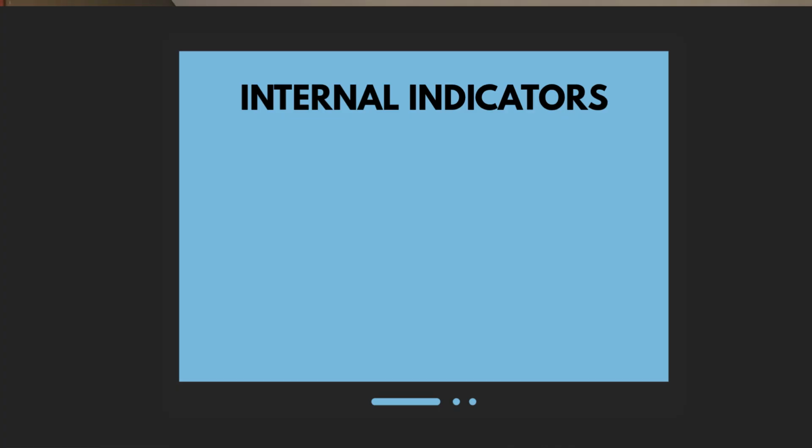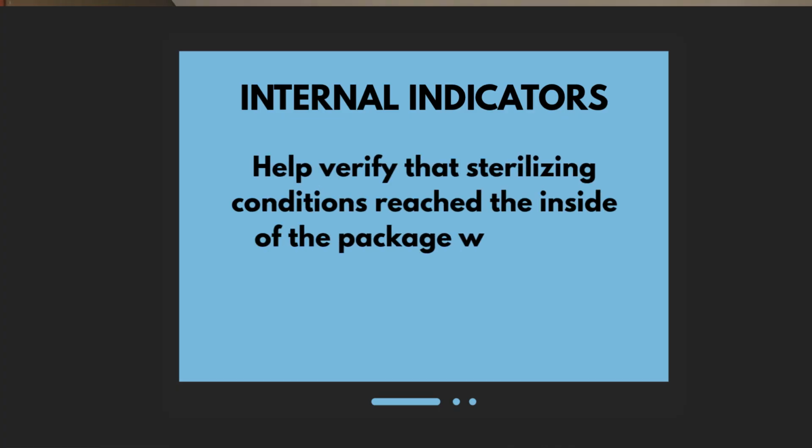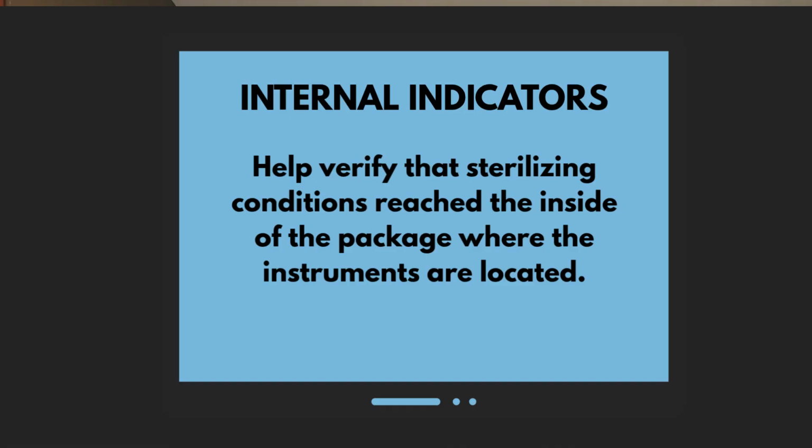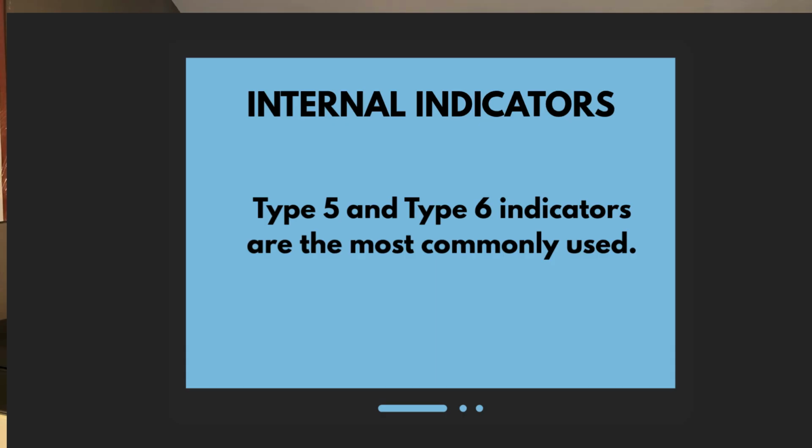Unlike type 1 and 2 that are external, type 3 through 6 are placed inside the package or the rigid container or the instrument set. These indicators help us verify that sterilization conditions have met the parameters that are inside the package or inside the set. In today's healthcare facilities, type 5 and 6 indicators are the most commonly used.